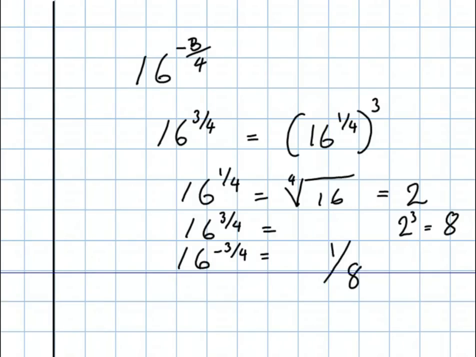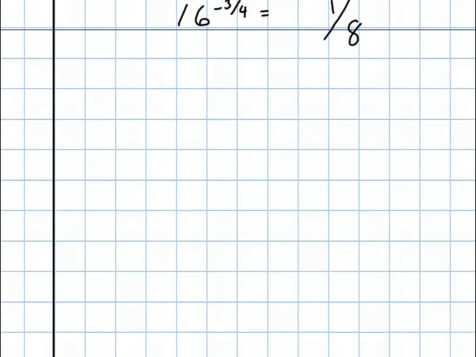So is there a shortcut? Yeah. Let's look at this final one here. Let's see if we can cut out some of the working. Here we go, 125 to the minus 2/3. Well, I know my answer because it's got a minus here, it's going to be 1 over. The denominator of the fraction tells us the root to find, and the numerator tells me what to do with that root.